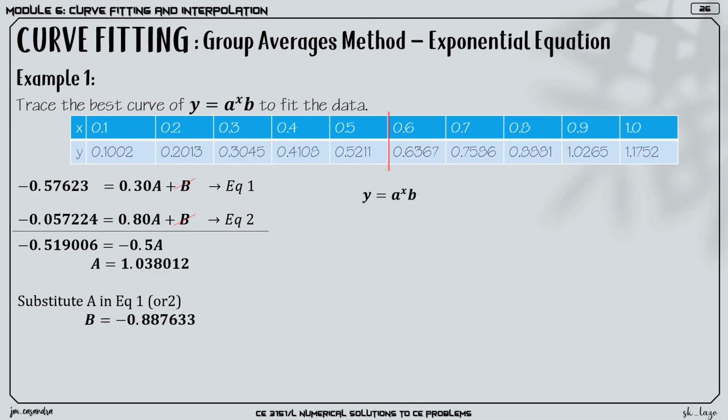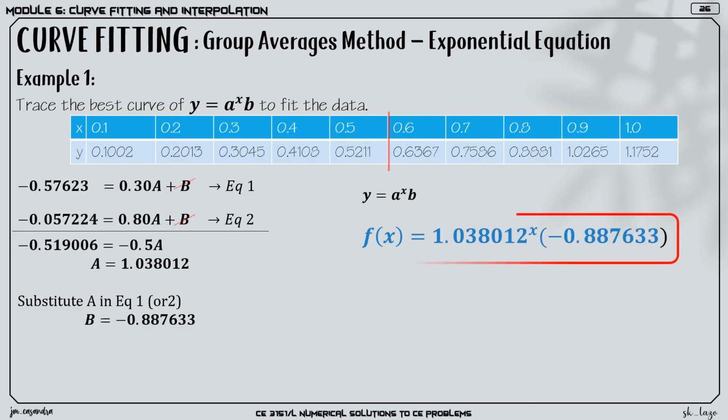From here, we substitute the computed constant values in the exponential equation y equals a^x times b, so y is now equal to 1.038012 raised to x multiplied by negative 0.887633.